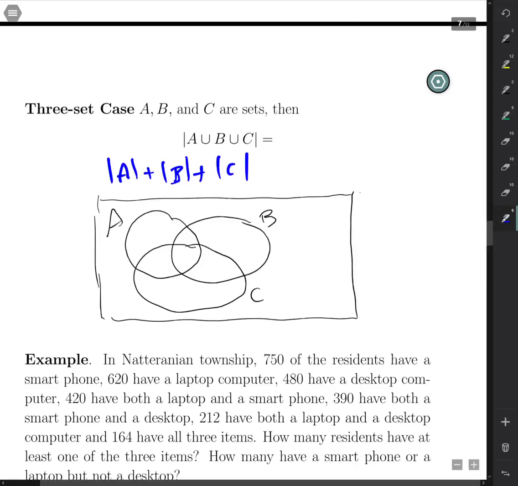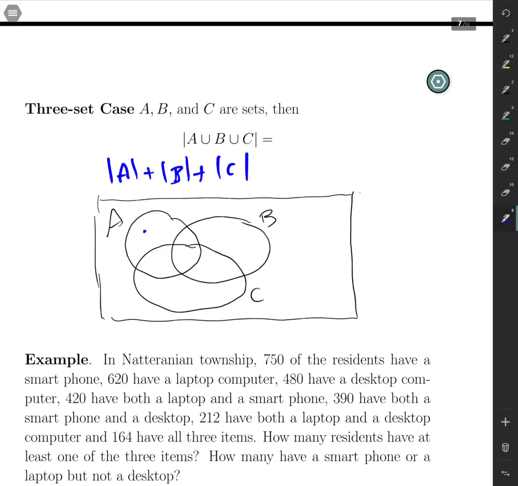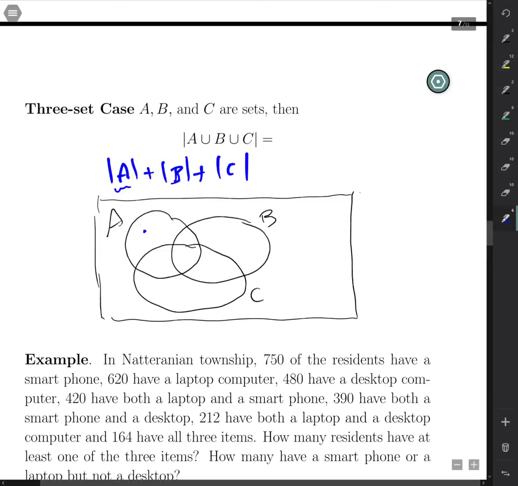So for example, in this region right here, something where I put that little dot is in A, but not in either of the other 2 sets. So it's counted in the first thing here, but not the other 2, so it's counted 1 time. Whereas something over here is counted 1 time, something over here is counted 1 time in just that section.